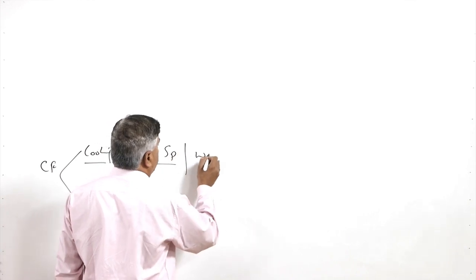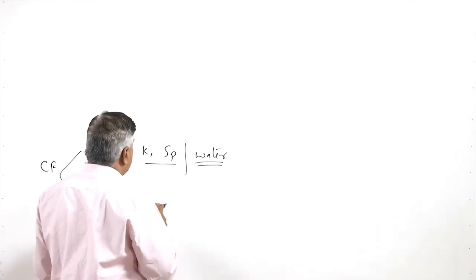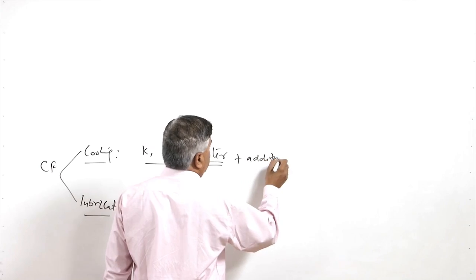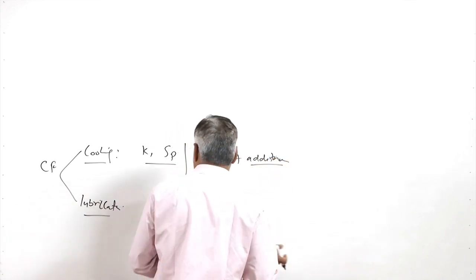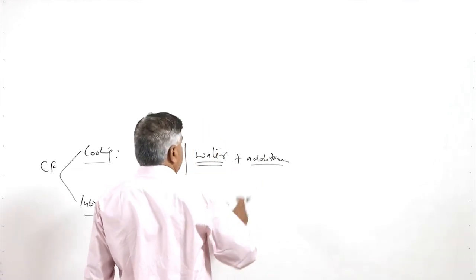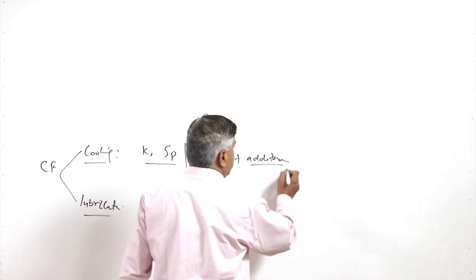and both these properties are good with water. That is why water is very commonly used as a cutting fluid, plus sometimes some kind of additives are also used, so that it can be made more corrosion resistant, as well as provide some good lubrication qualities.